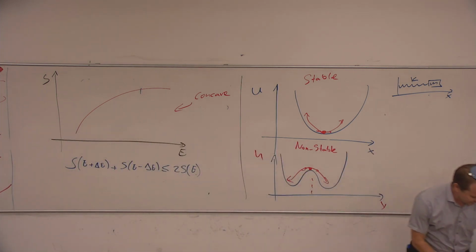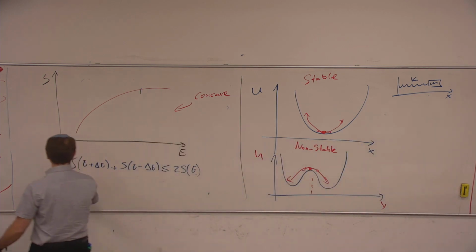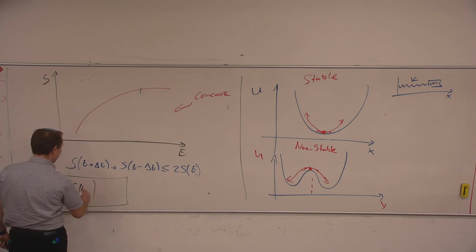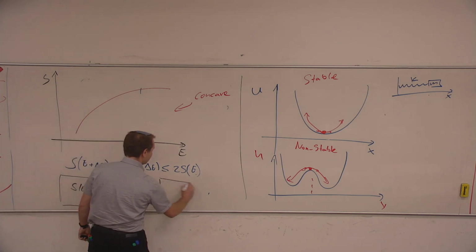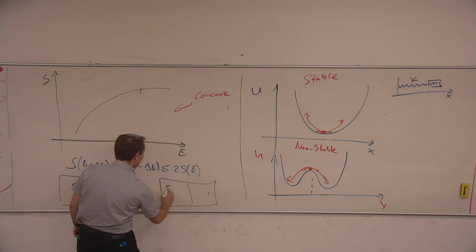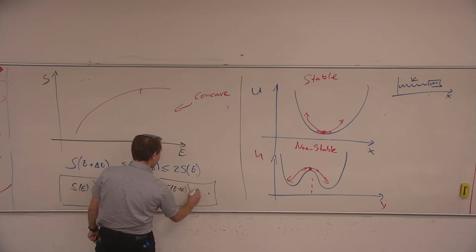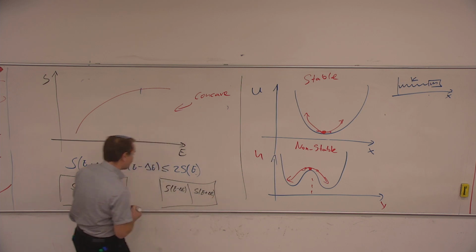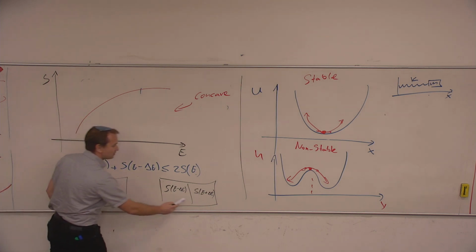Now, how did we achieve this? We basically made a claim. If we have two systems which are exactly the same, S of E and S of E, and we have another system with some small fluctuations, where here is S of E minus delta E and S of E plus delta E, the total entropy of this system should be larger than the total entropy of this system.